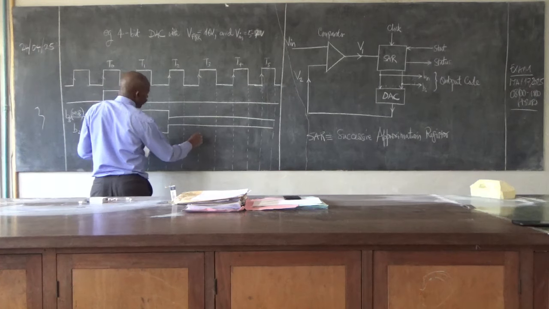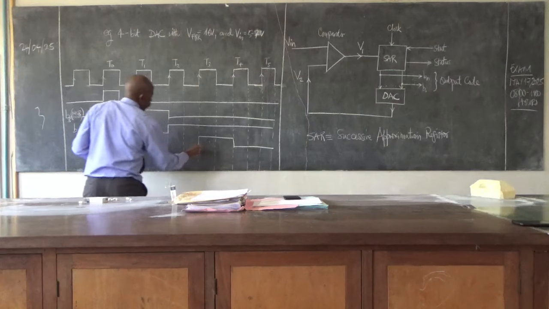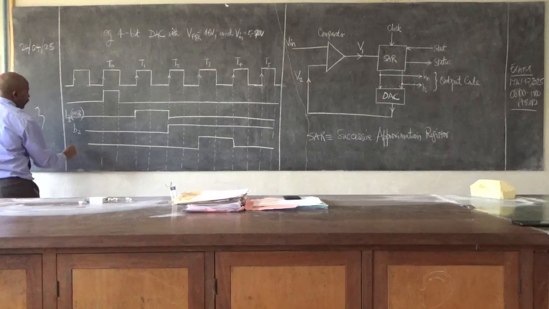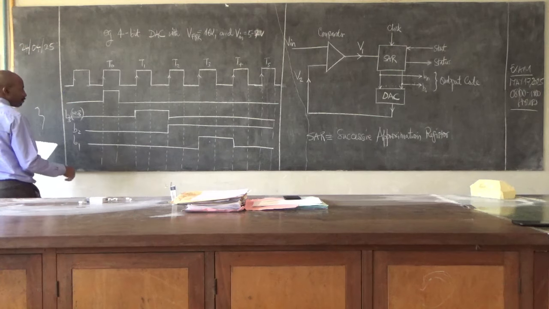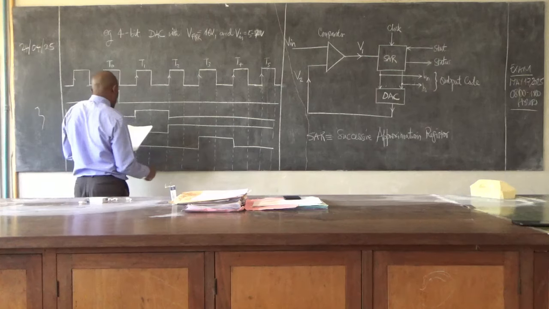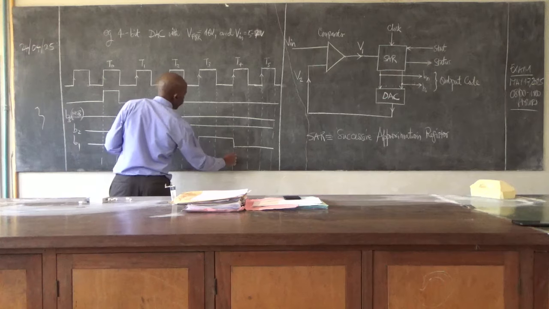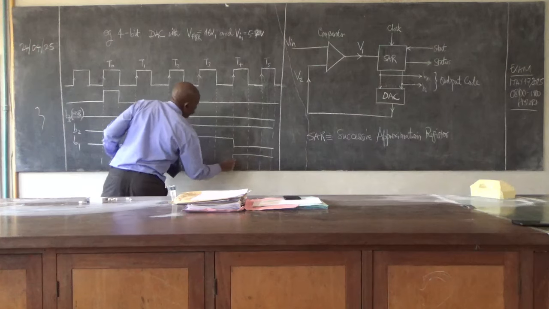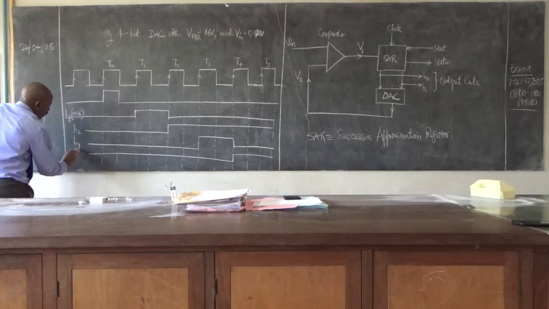T3 is here. This is B1. Then B0 will be at T4 around here. This is B0.